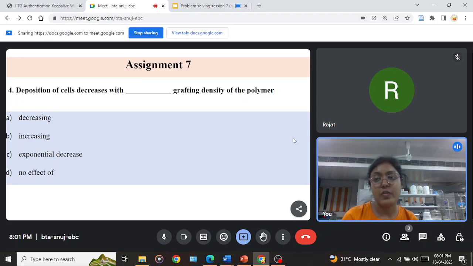So does deposition of cells decrease with decreasing grafting density of the polymer, or with increasing grafting density of the polymer, or is there an exponential decrease with the grafting density, or does the deposition of the cells have no effect with the grafting density of the polymer?